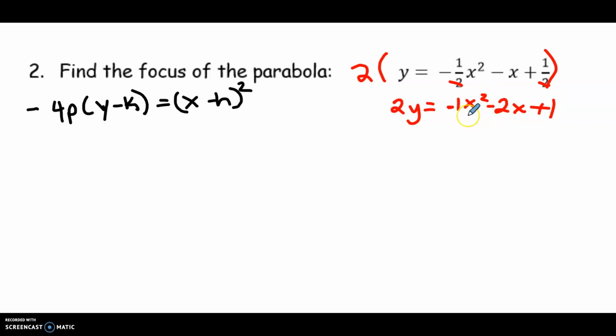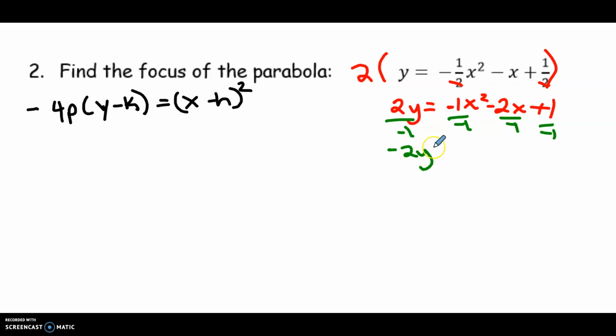And then I need my leading coefficient, for me to complete the square, to be positive 1. Right now it's negative 1. So I'm just going to go ahead and divide everything here by negative 1. If I divide everything by negative 1, I should now be in the right form.